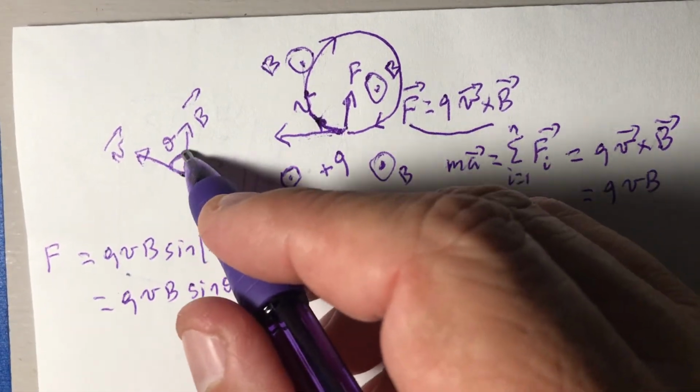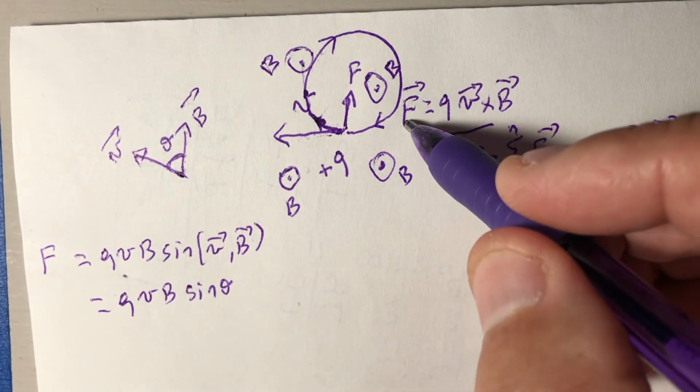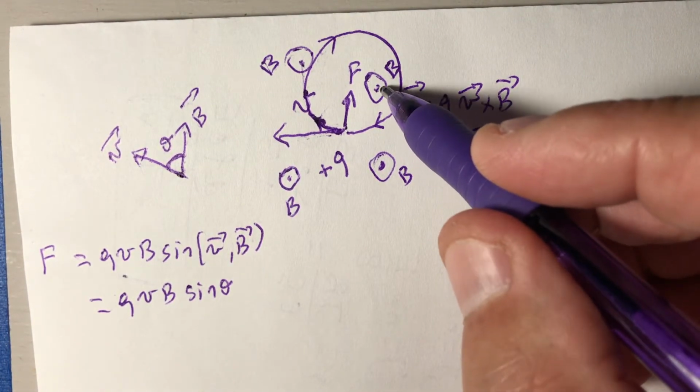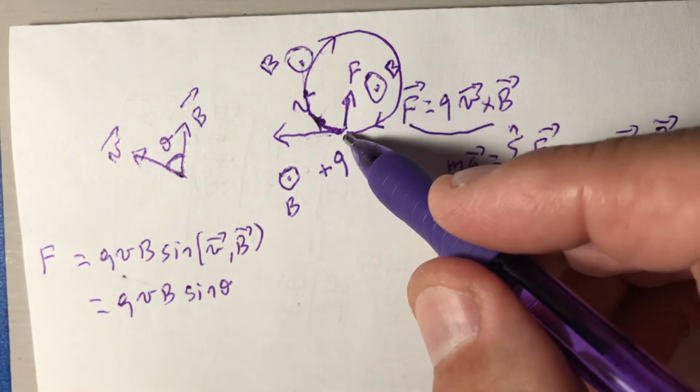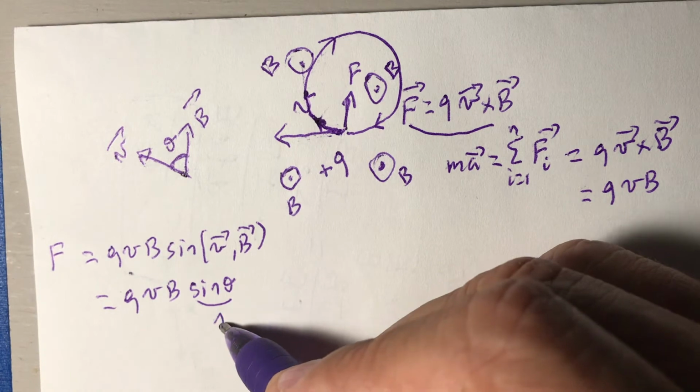But since in this situation the B field and the velocity are perpendicular, we don't have this: sine of pi over 2 is just 1.